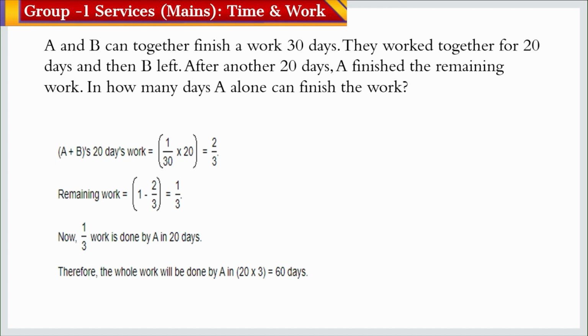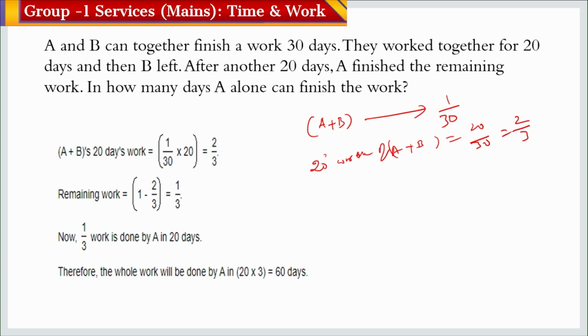A plus B's 1 day work is 1/30. If they work together 20 days, the work of A plus B is 20/30, that is 2/3.